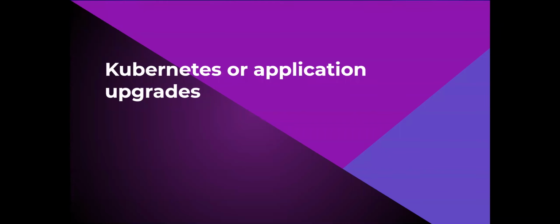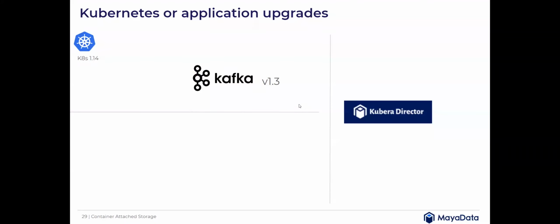The next use case is about upgrades. Usually we have our production setups in very standard or tested environments, and as time goes by, releases happen on the software or Kubernetes side, and we want to upgrade to the latest ones to get the new features.